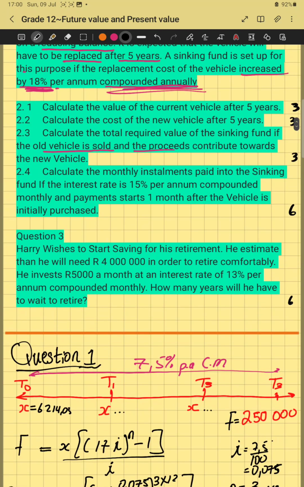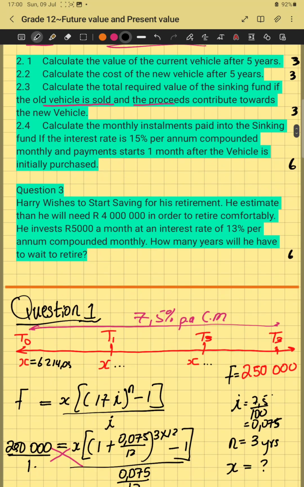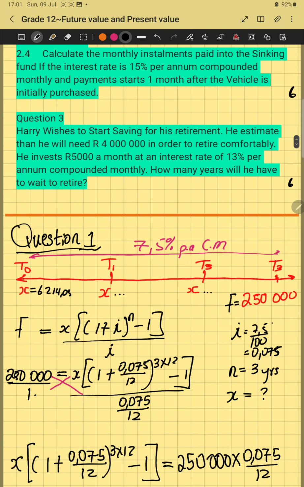which is 2.4. Now 2.4 says calculate the monthly installments paid into the sinking fund if the interest rate is 15% per annum compounded monthly, and payments start 1 month after the vehicle is initially purchased.